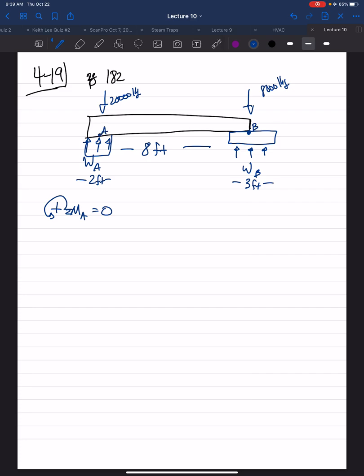Okay, so the 8,000 pound force creates a clockwise rotation, so that's negative 8,000 pound force times the perpendicular distance from point B to point A. We have 1.5 feet plus 8 feet plus the 1 foot. So that gives you 10.5 feet.